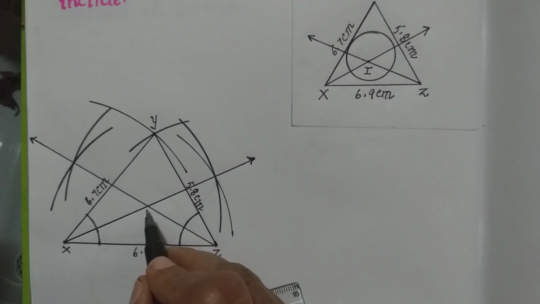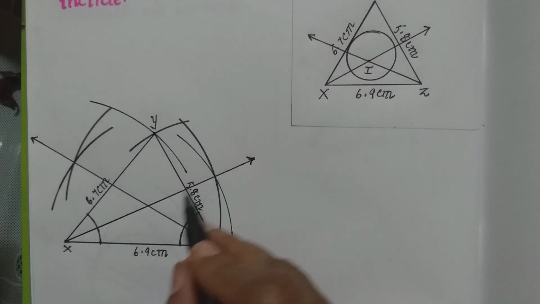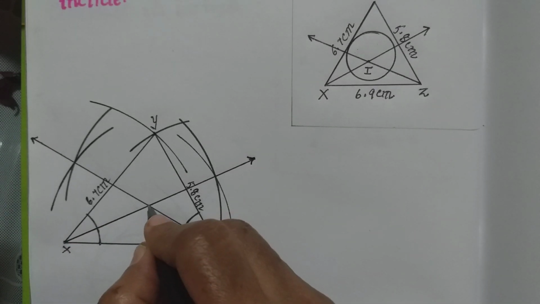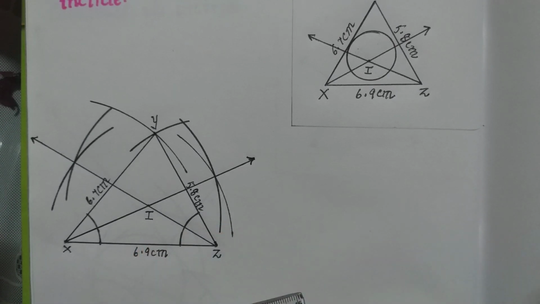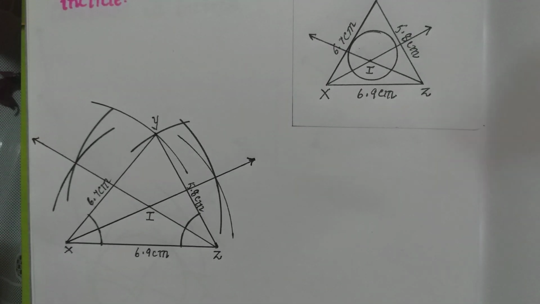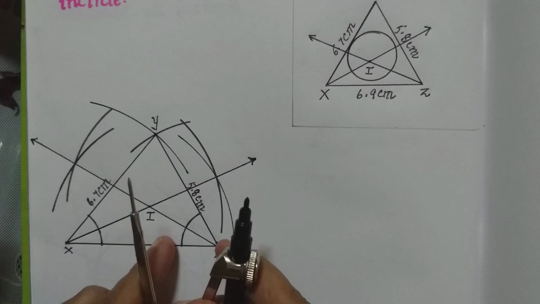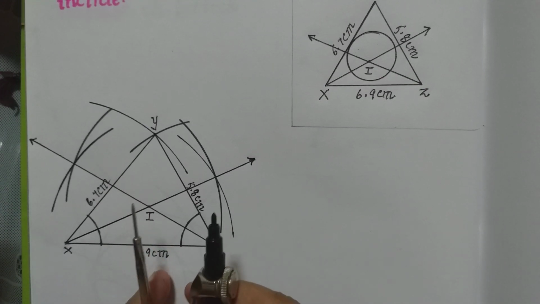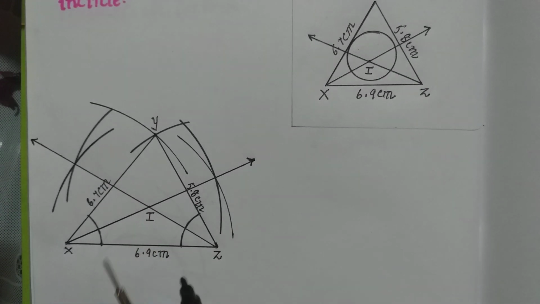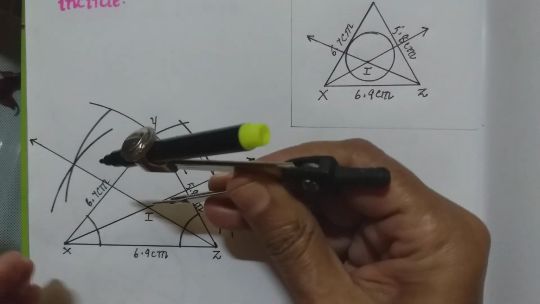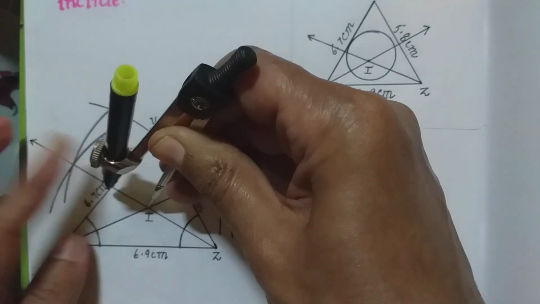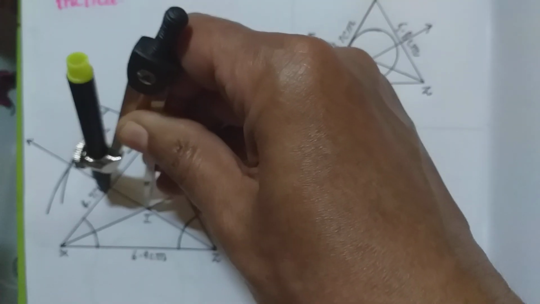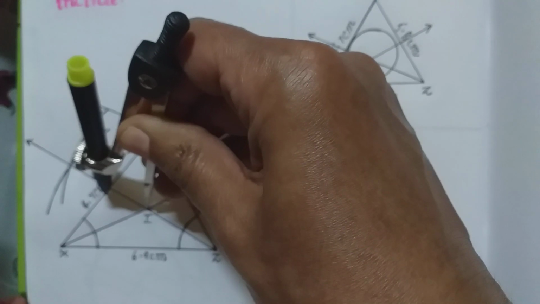Now we see here, this is the point of intersection of the two angle bisectors, and that forms the incenter. I mark it as I. Once I mark it, I have to see using my rounder, from the incenter I, which is the convenient radius which touches all the edges of the triangle.